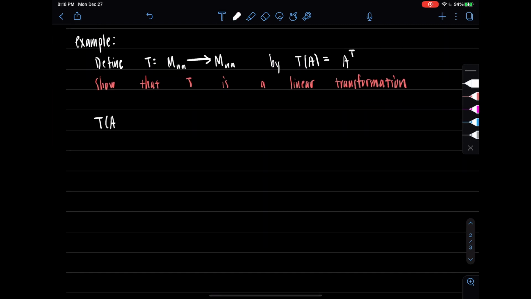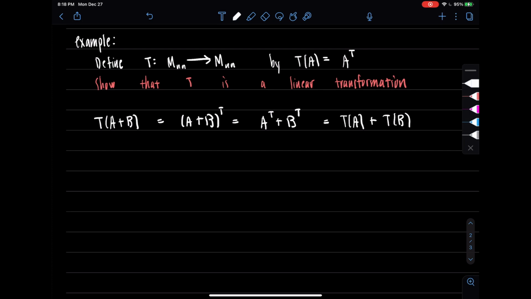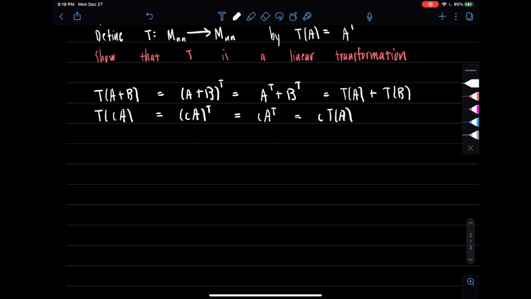How would you do it? Well, basically, we just need to prove the two properties of a linear transformation: that you can add them together, and you can apply scalar multiplication. So T(A plus B) equals T(A) plus T(B). Similarly, T(cA) will equal cT(A).